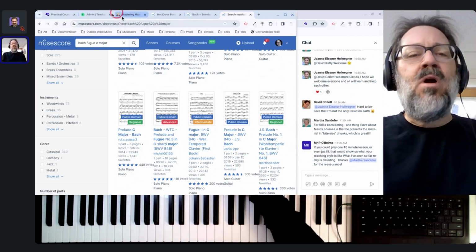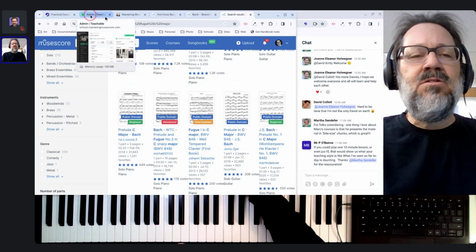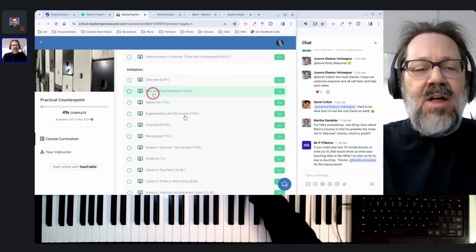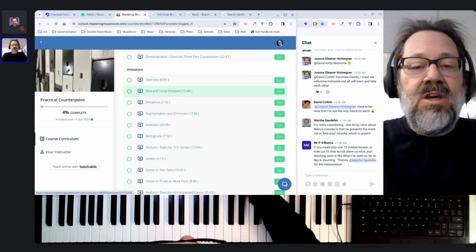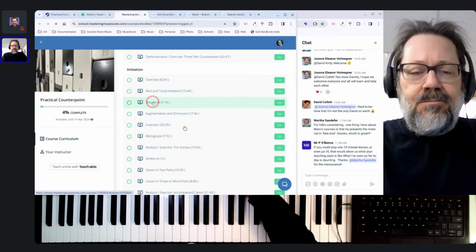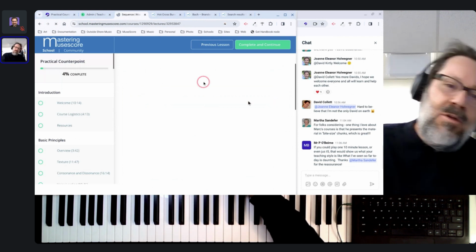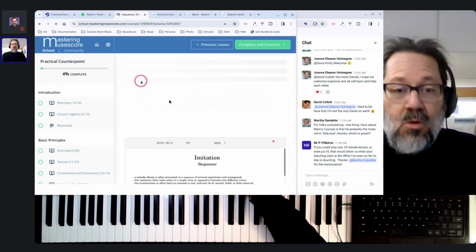Let's go through actually one of those lessons. Let's just check one of these things out. Each lesson, and this is the old version of the course here, the old version is on Teachable. I'll be moving this over to Circle.